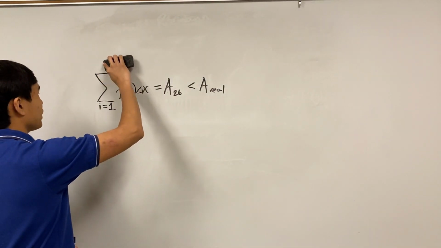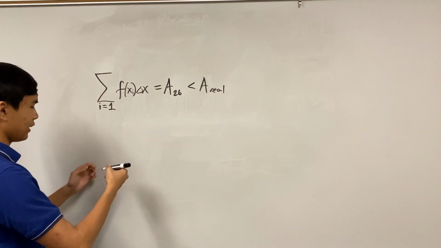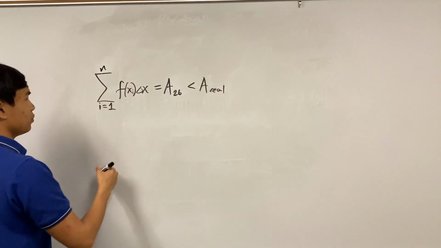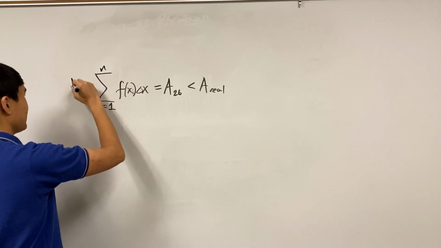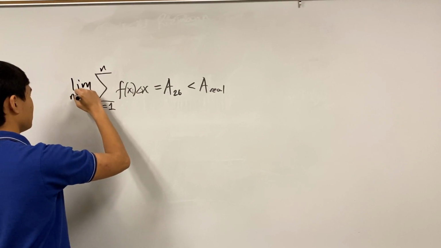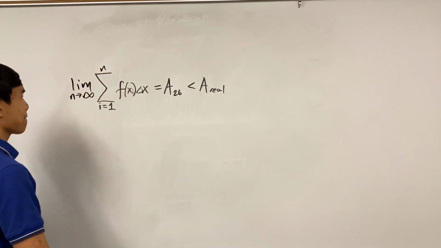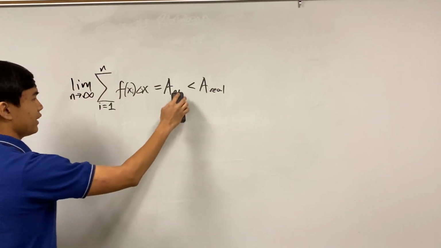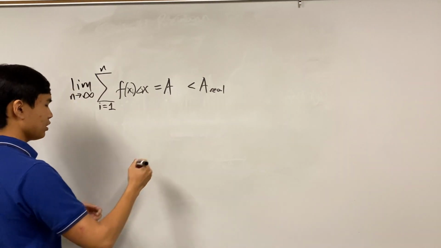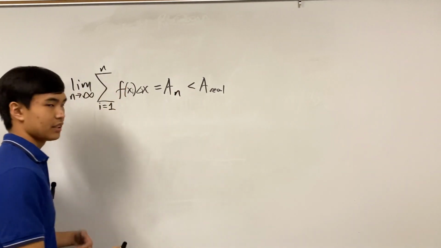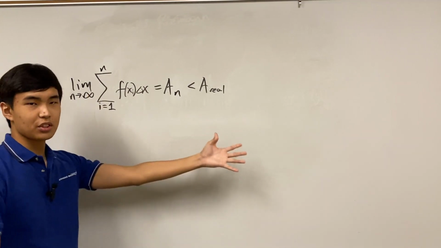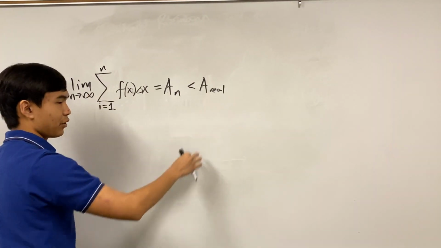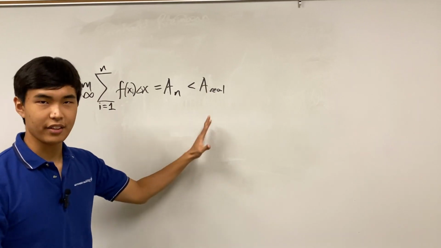So we can represent that as a limit of summing n rectangles, and you take this to infinity. So this becomes the area of n rectangles, and as n goes closer and closer to infinity, it gets closer and closer to the real area.